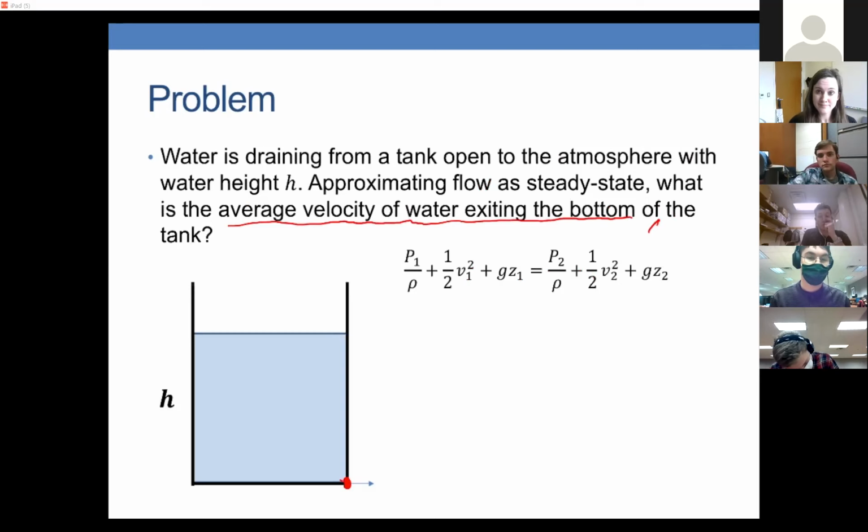Do we need to know how big the hole in the tank is? No, you do not, because you're just doing average velocity. You would need to know that if you were trying to find the volumetric flow rate going out. But for the velocity, all you need is mechanical energy.